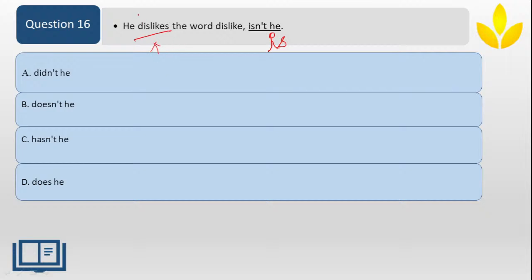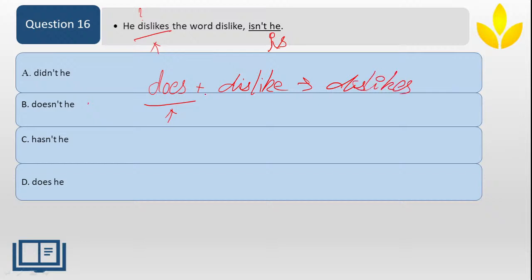So what is the word here? He dislikes. Dislikes is an action, so he does. So he does dislike. So the negation should be in does form. He does dislike. So does plus dislike will give you dislikes.